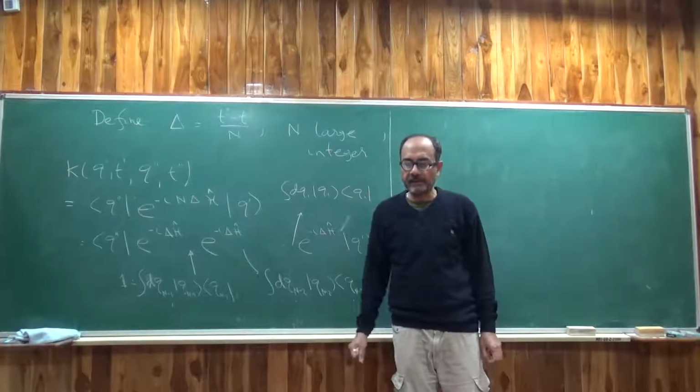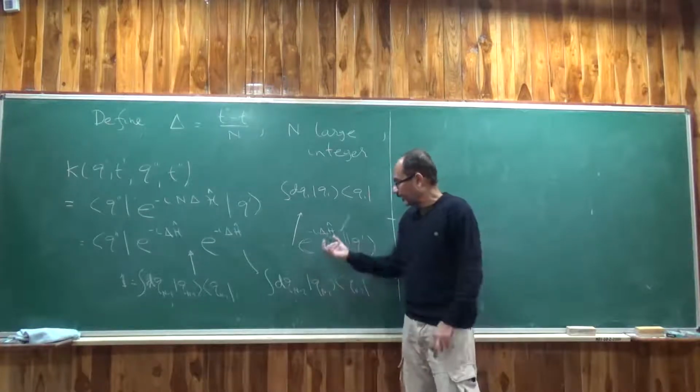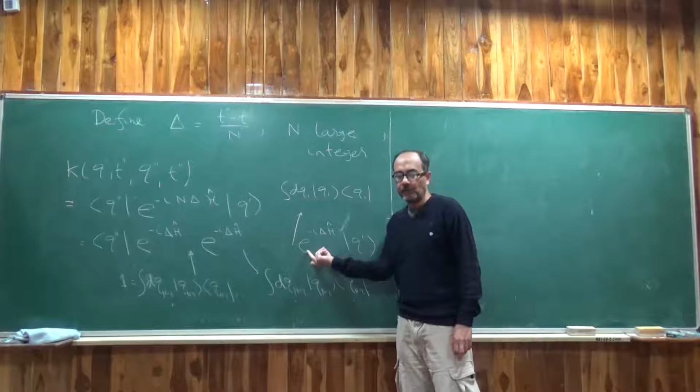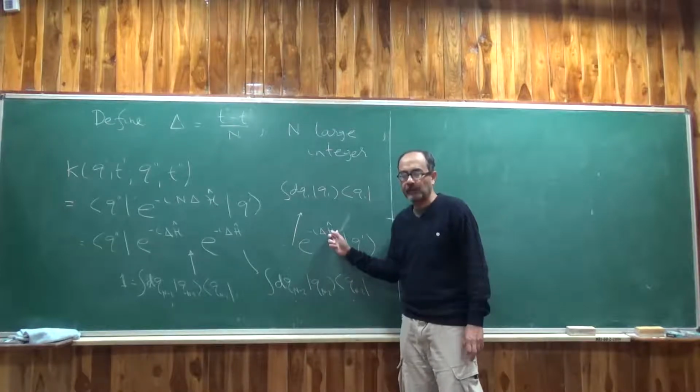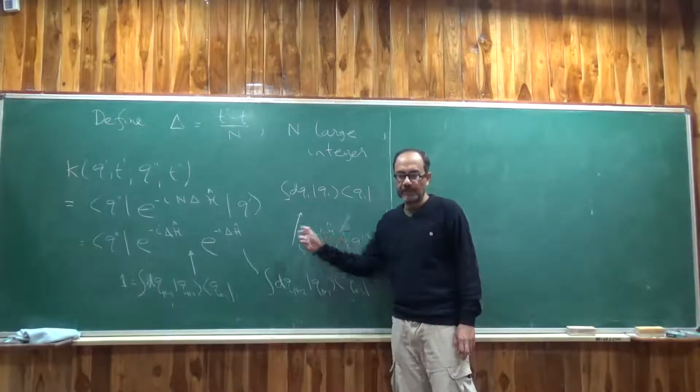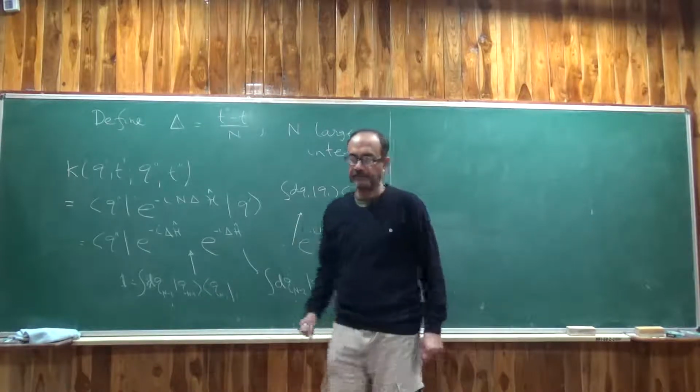Is this okay? See, writing it this way makes it clear that you are doing an infinitesimal evolution, so here you can just take h hat to be time independent, its central value. But then different h hats will be different.